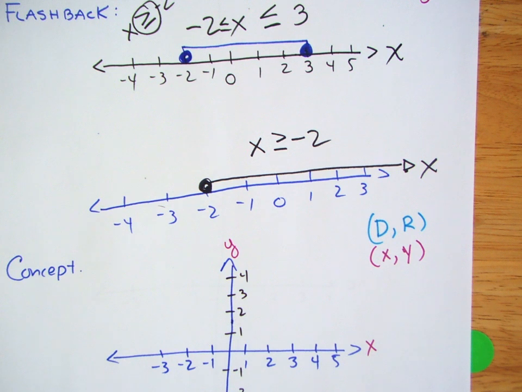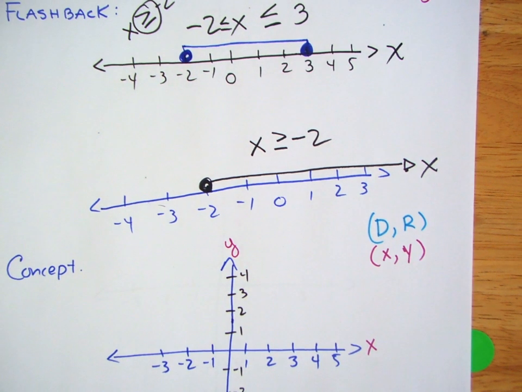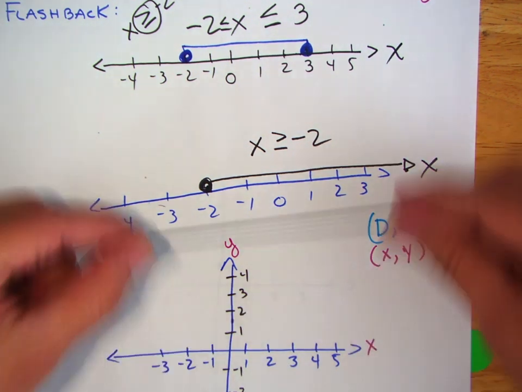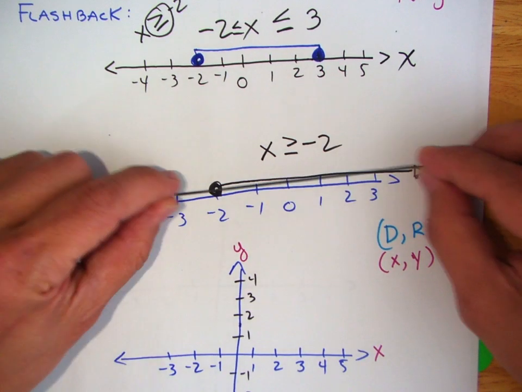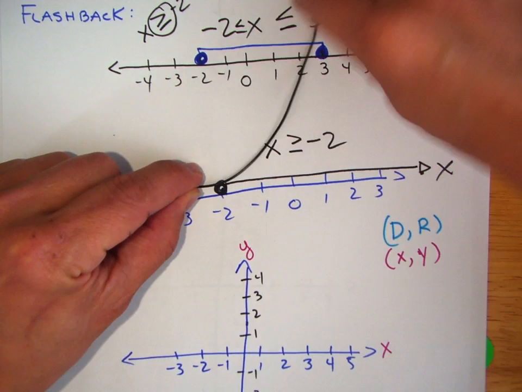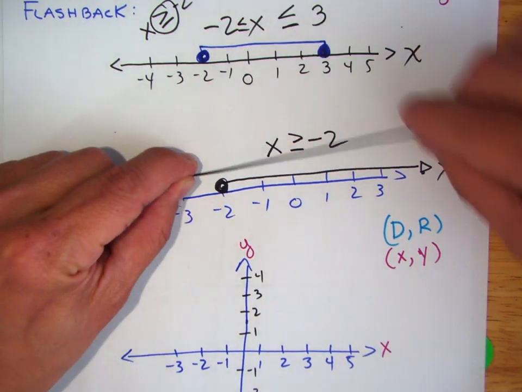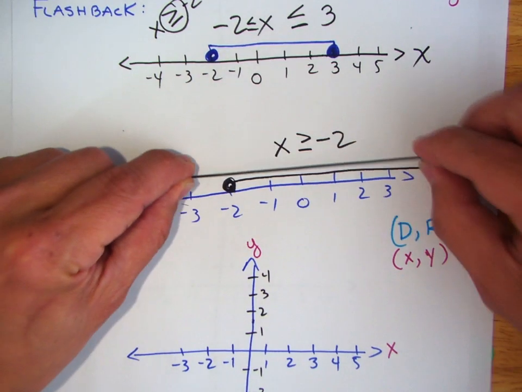The concept is basically this. If we have a line with an arrow, now we're going to create this line on the grid.